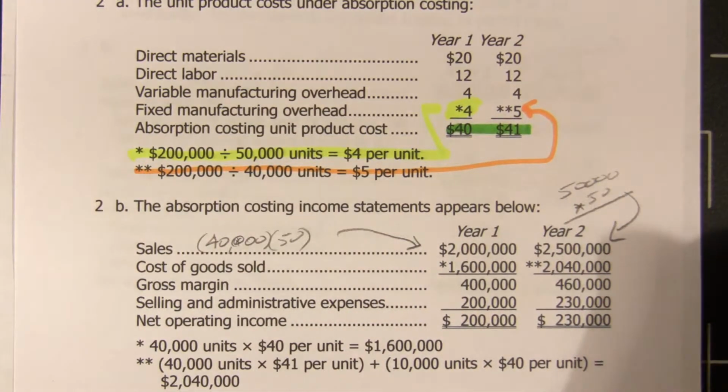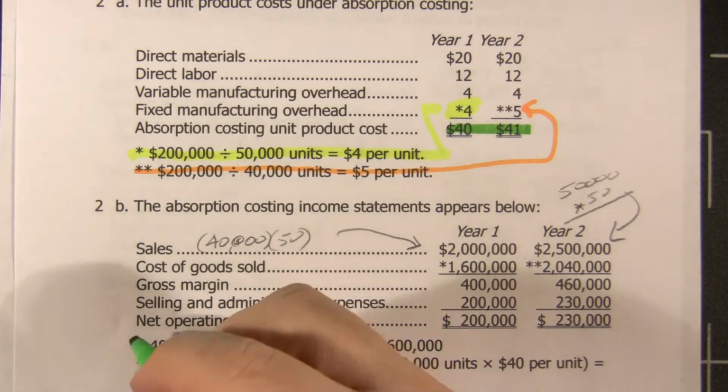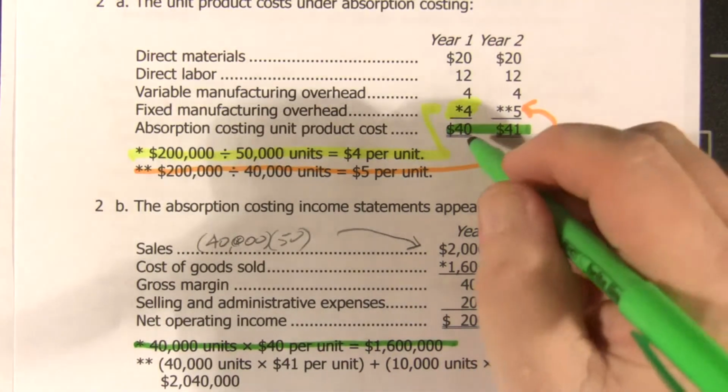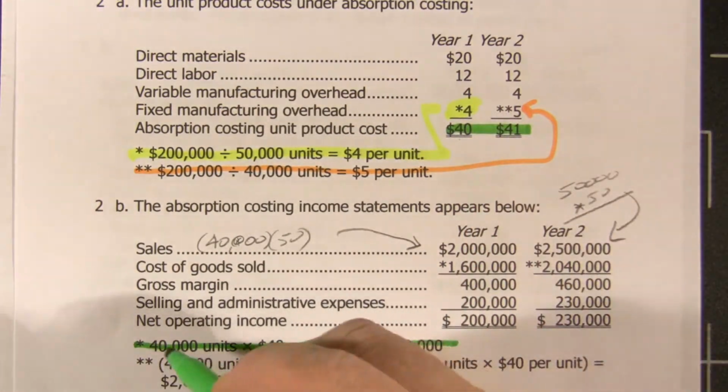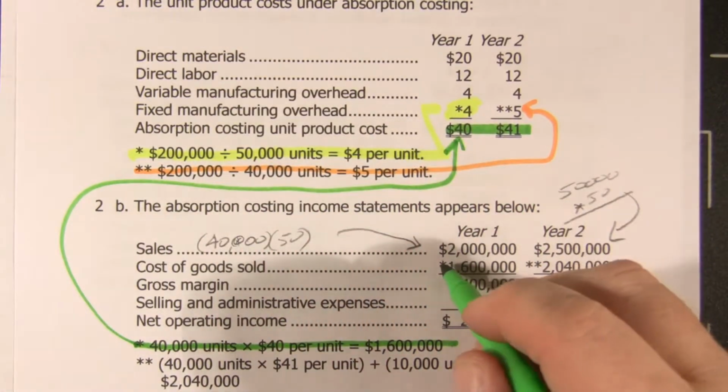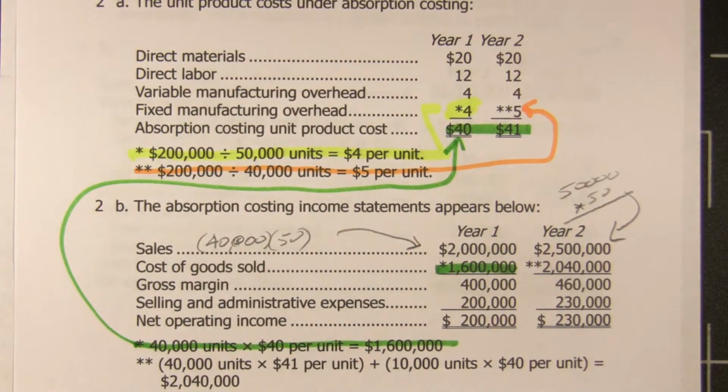And that gives us our sales. Now, you have to be careful here with the cost of goods sold. In year one, it's 40,000 units times $40 per unit. Okay? That gives us a cost of goods sold of $1,600,000.